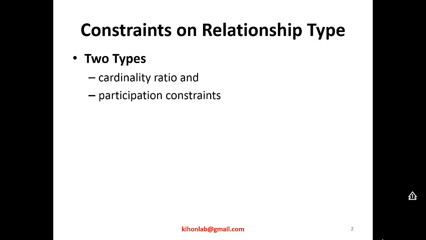Everything cannot be considered, so we set some constraints on relationship types. There are two types of constraints we can add on relationship types. The first is categorized as cardinality ratio and the second is called the participation ratio.